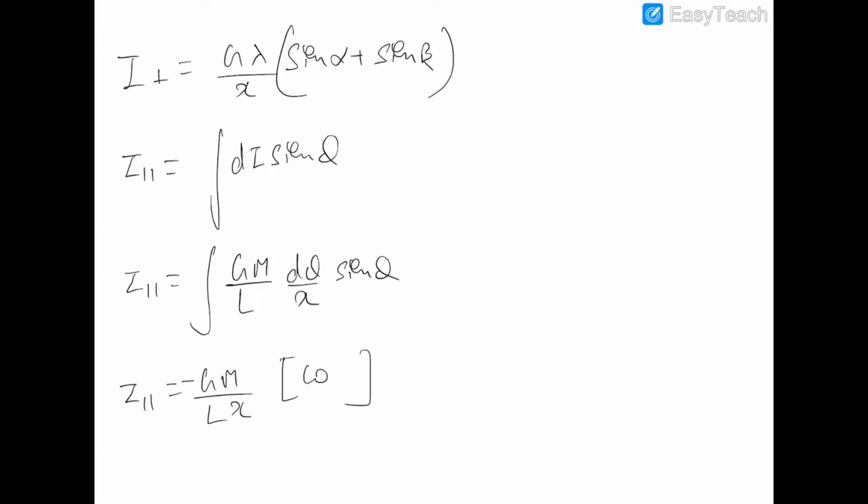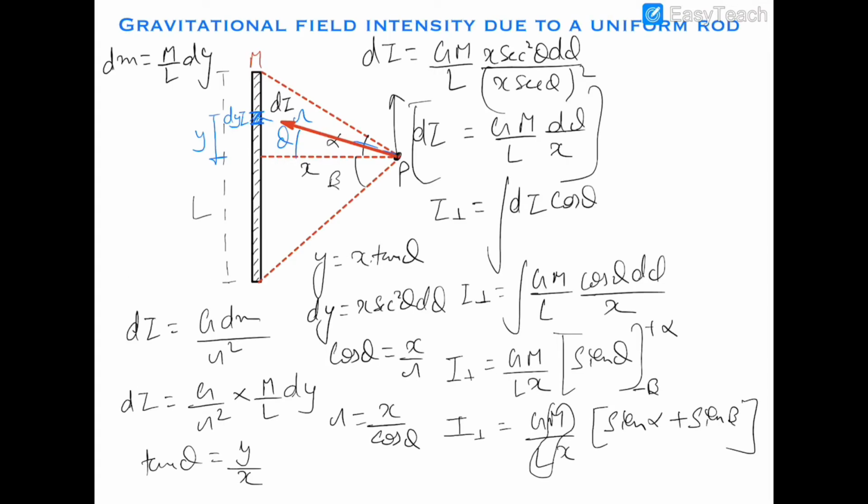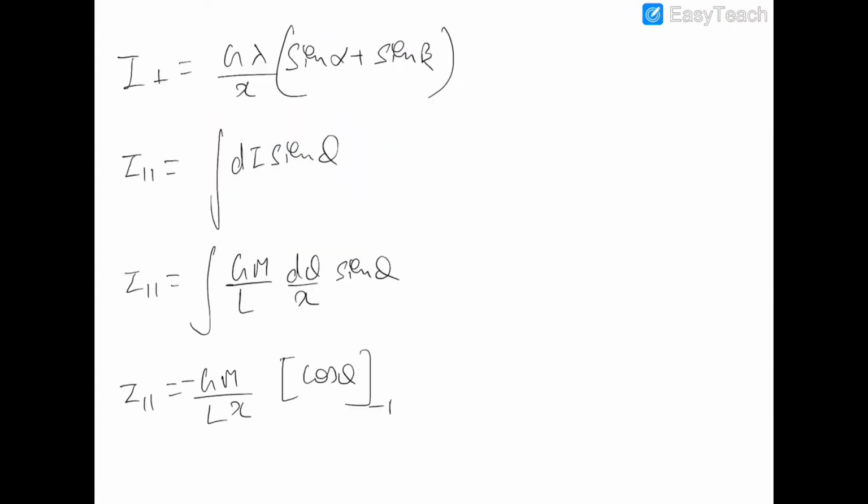So this is minus cos theta, and the limit of theta would again be from minus beta to plus alpha. Therefore I parallel would be equal to GM by Lx, and the limits would be interchanged due to this negative sign. So I'll write it as cos of beta minus cos of alpha.